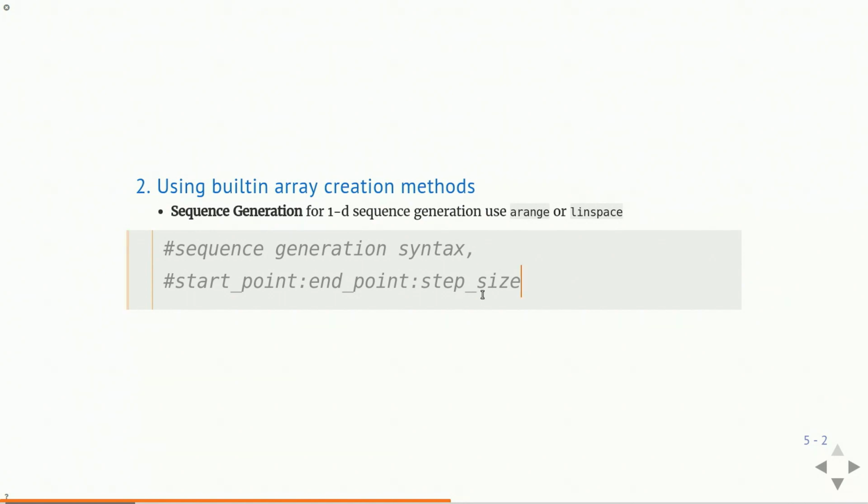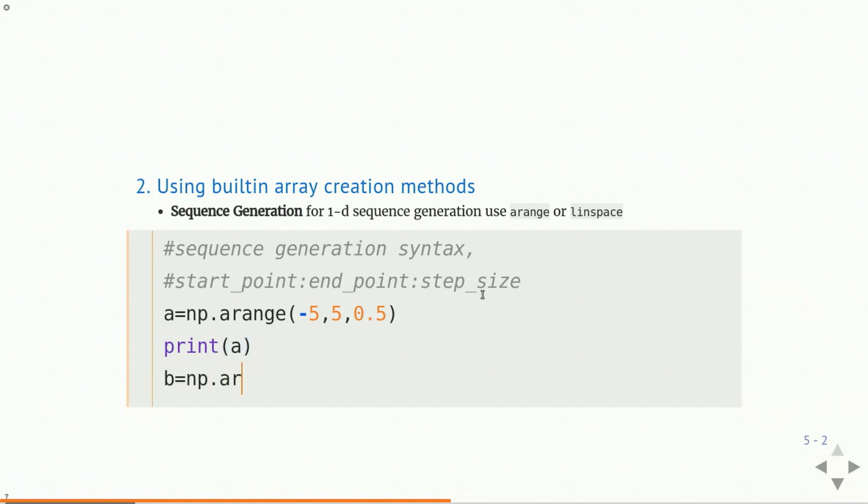So let's create a sequence. a is equal to np.arange of -5 to 5 with a step size of 0.5, and then let's print a, and then let's create b is equal to np.arange of 1 to 10. Excluding the step will have the effect of having a step size equal to 1.